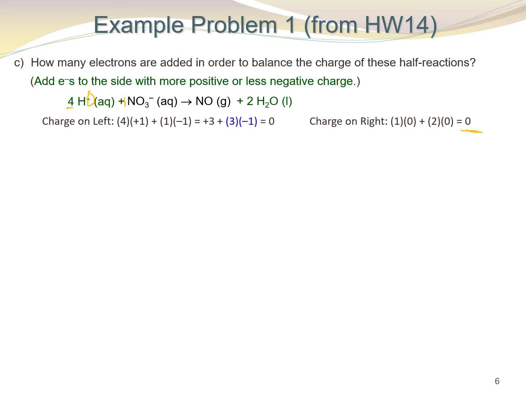We need -3, of course. So +3 plus -3 equals 0. Electron is a one negative charge species. 3 times -1 means there are 3 electrons. That is going to be on the left, because we need an extra 3 negative charge on the left-hand side. So this is how we add 3 electrons on the left in order to make the charge on both sides balanced.